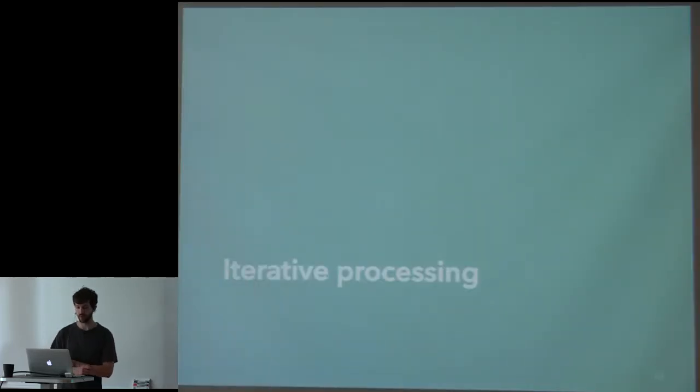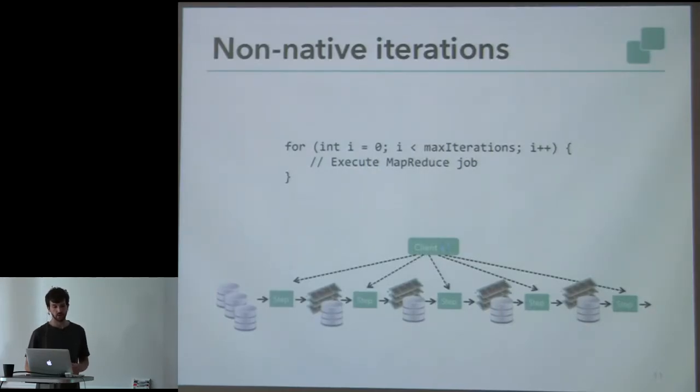So now we come to iterative processing. To understand that, I want to show you again, like Volker also showed the slide, maybe a not so native way to execute iterations. You could just say, okay, I have a job, and like Cascading or other frameworks on top of Hadoop MapReduce do it, we would generate a bunch of jobs and chain them together and simulate an iteration that way.